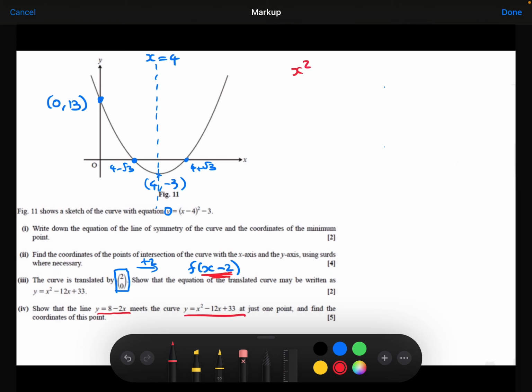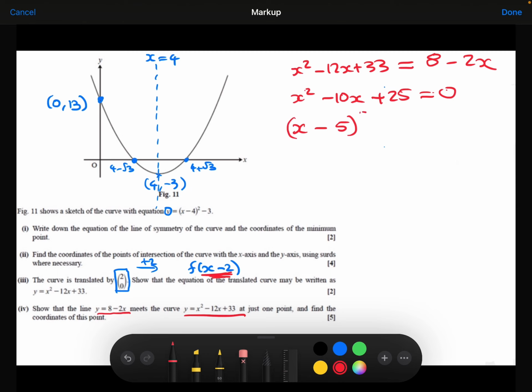So let's take the quadratic, x squared minus 12x plus 33. And when does that meet the line 8 minus 2x? So let's add the 2x to both sides. And let's subtract the 8 from both sides. And on the left-hand side, we can factorise here.